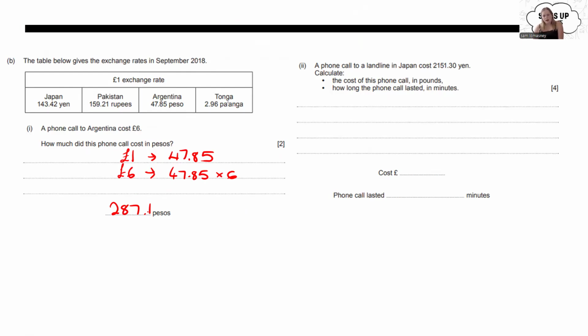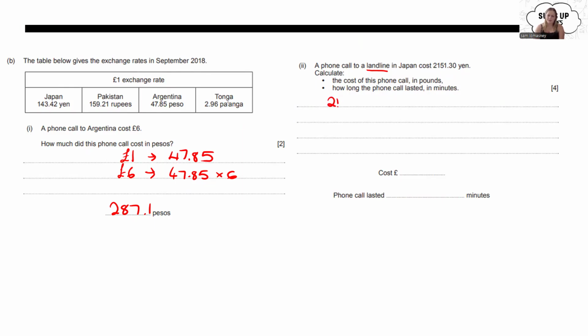Next one, a phone call to a landline. Okay, so I think we're going to need the table back from the other page, but that's fine. In Japan, costs 2,130 yen. Calculate the cost of the phone call in pounds and how long the phone call lasted in minutes. Lovely.